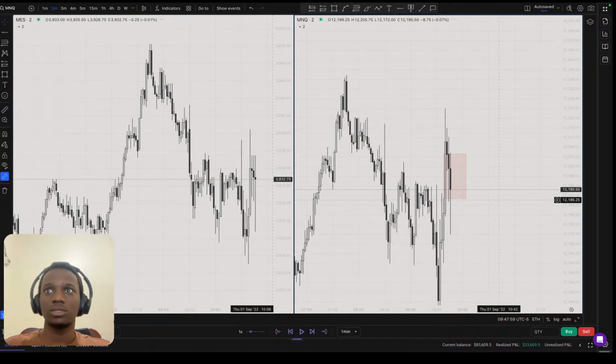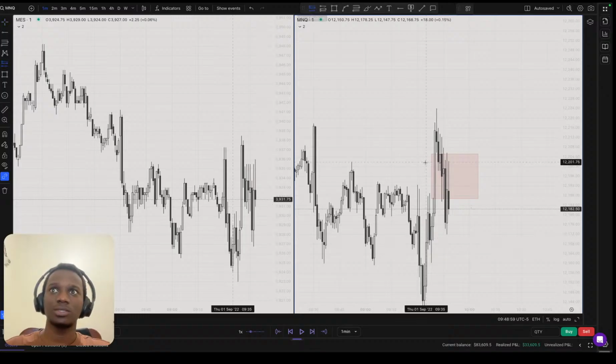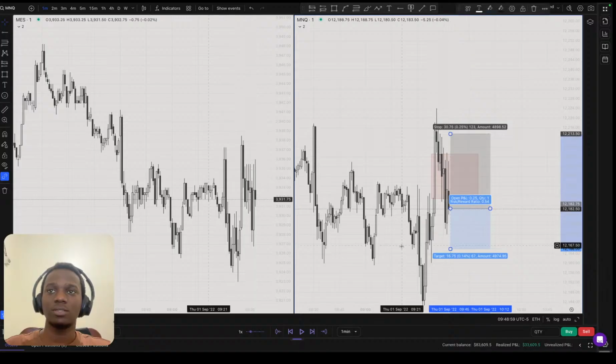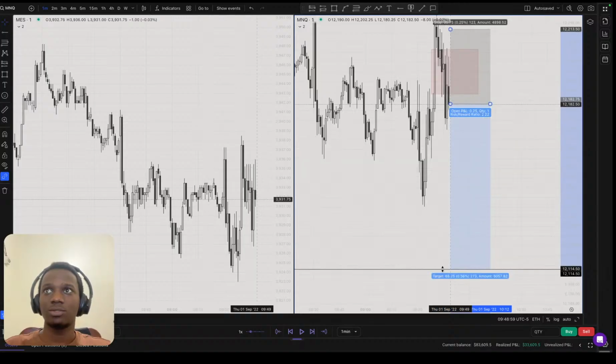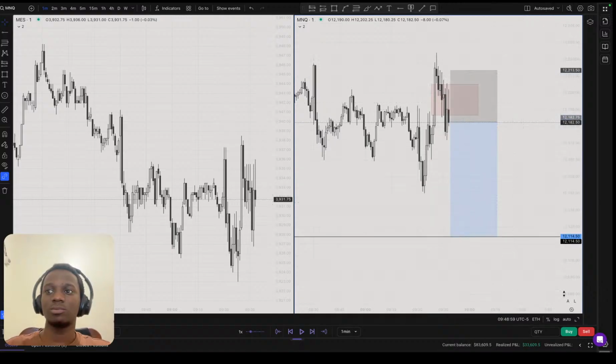So you can see the 2 minute closes inside actually, but the next candle opens low, so I think I'm gonna short it here, and my stop will be a little bit bigger, somewhere around there. I would like to target this for a 2R, the London lows, and this will be around 8 mini contracts.